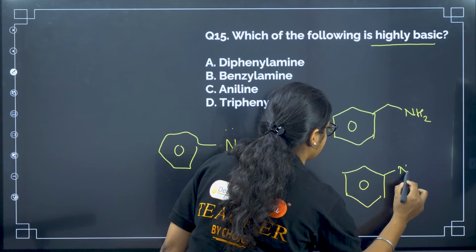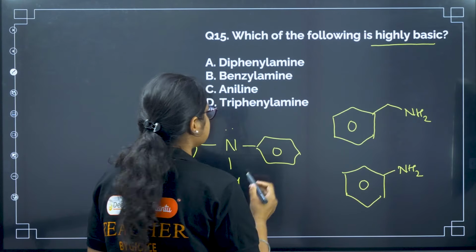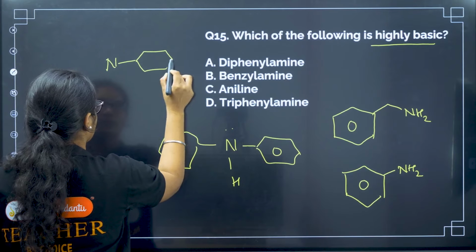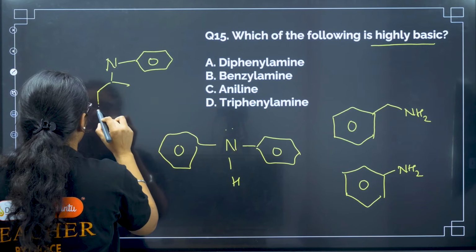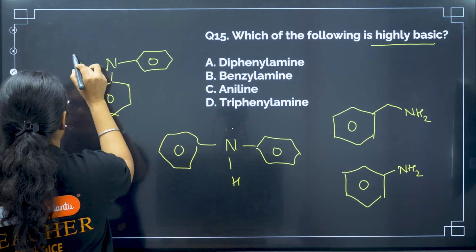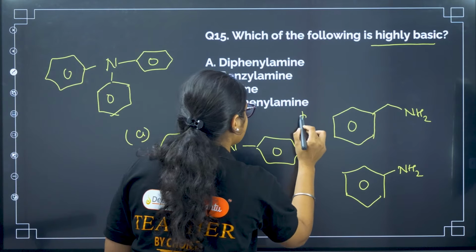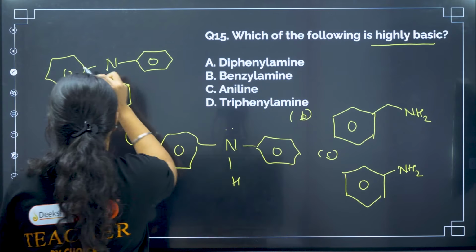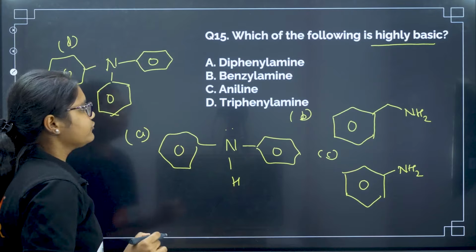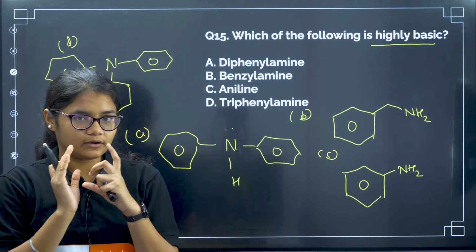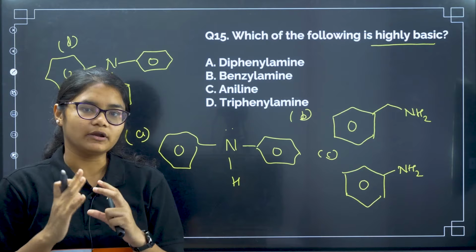And then we have aniline, which is C6H5NH2, and then triphenylamine, so you have N with 3 phenyl groups. This is the structure of option A, this is B, this is C, and this is D. For the highest basicity, the lone pair of nitrogen should be localized and available for donation.